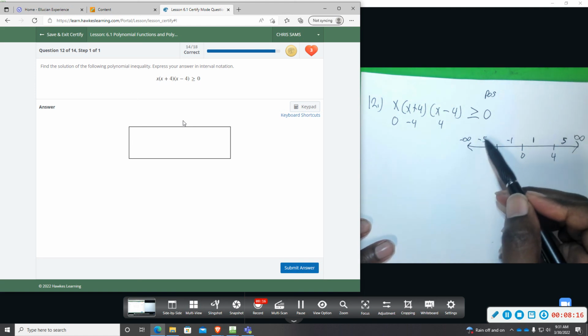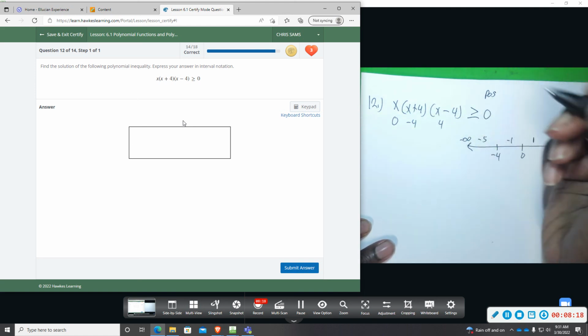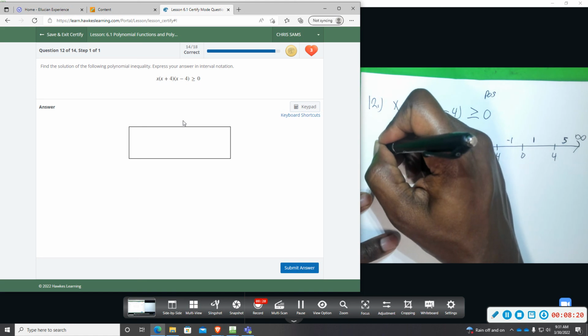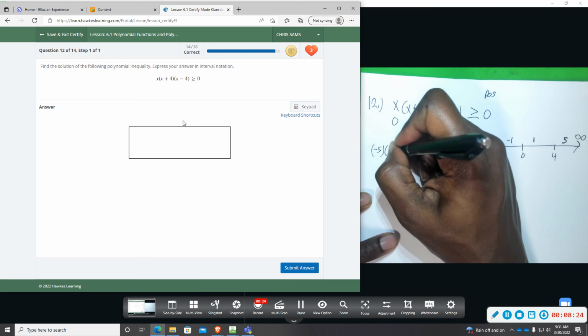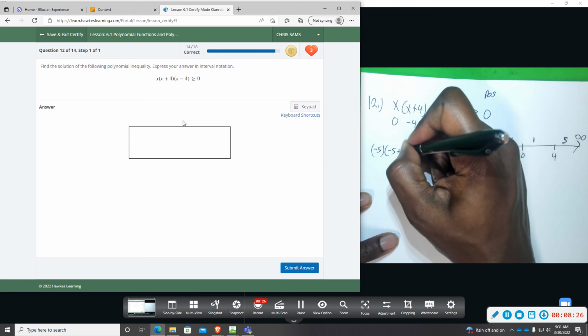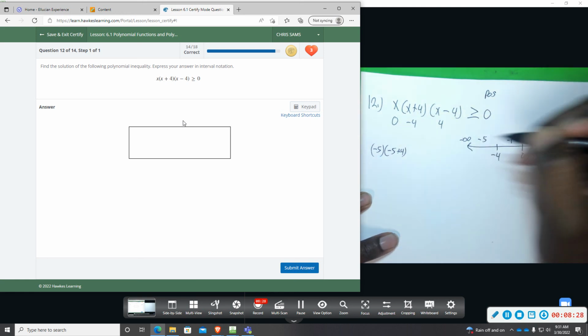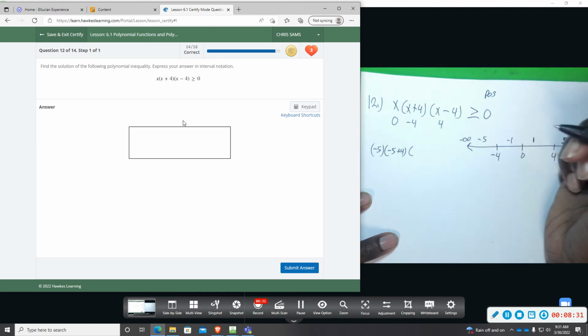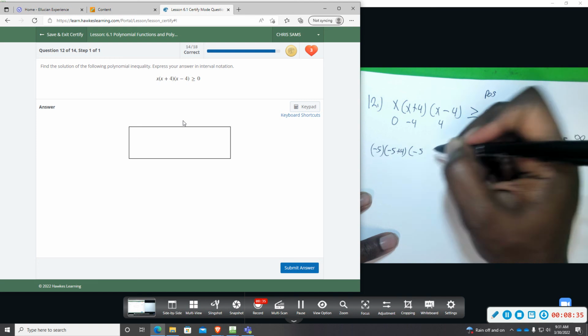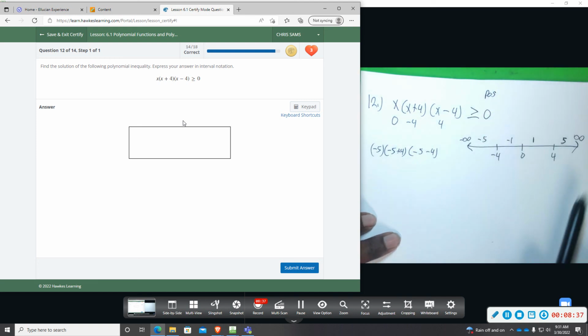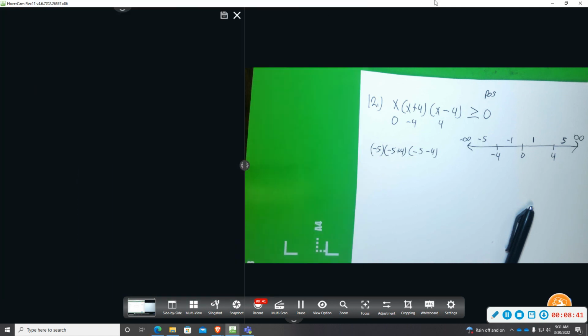Now we're going to plug those in and see what we get. So I will do negative 5, and then negative 5 plus 4, and then negative 5 minus 4. Now, let me just show you a calculator here. I got to open it back up.